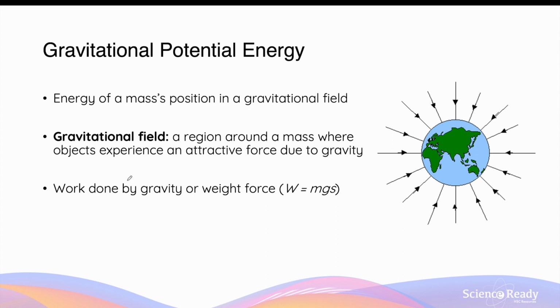Gravitational potential energy is also known as the work that can be done by gravity, or the total amount of energy that can be transferred due to gravity, or the weight force of an object. So we can use work equals F times s to say that work is equal to the weight force multiplied by the displacement that is covered due to gravity.